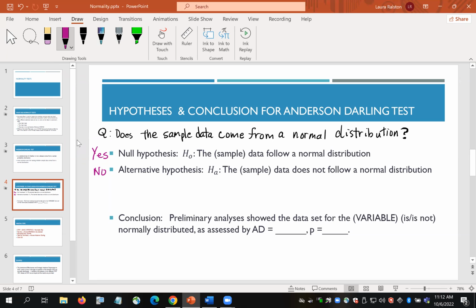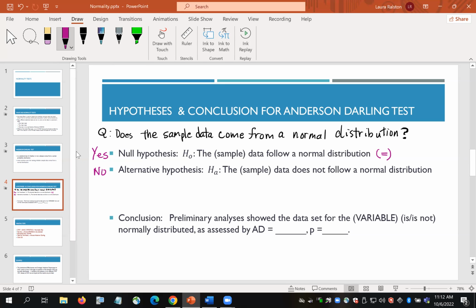So in this scenario, that would be like saying, yes, the data follow or equal a normal distribution. The null hypothesis for the Anderson-Darling test is always stated, the data follow a normal distribution. And again, that implies that it's equal, that it's the same.